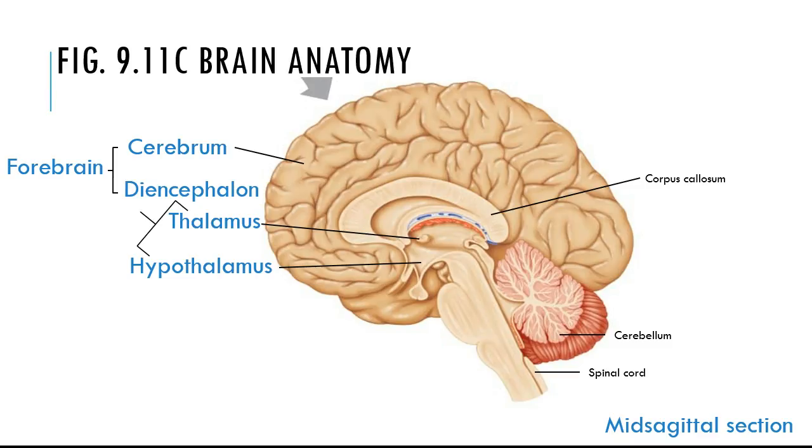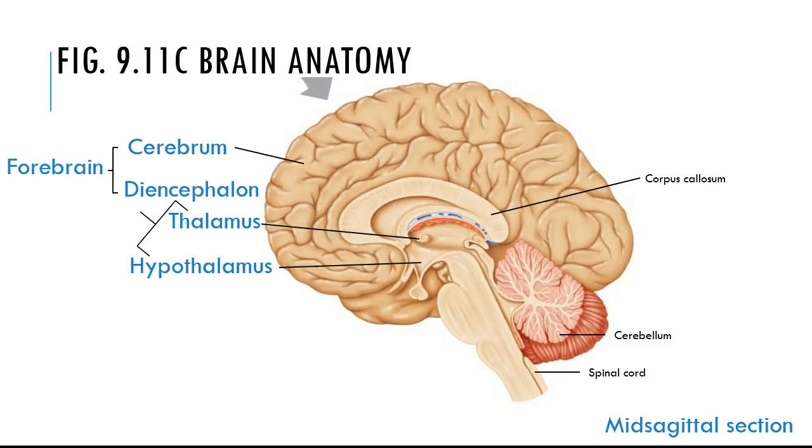Is the corpus callosum part of that? Technically, yes. Since it's not the folded cortex, correct. I'm pretty sure it falls into the category of the diencephalon. So you've got your cortex, internal structures.